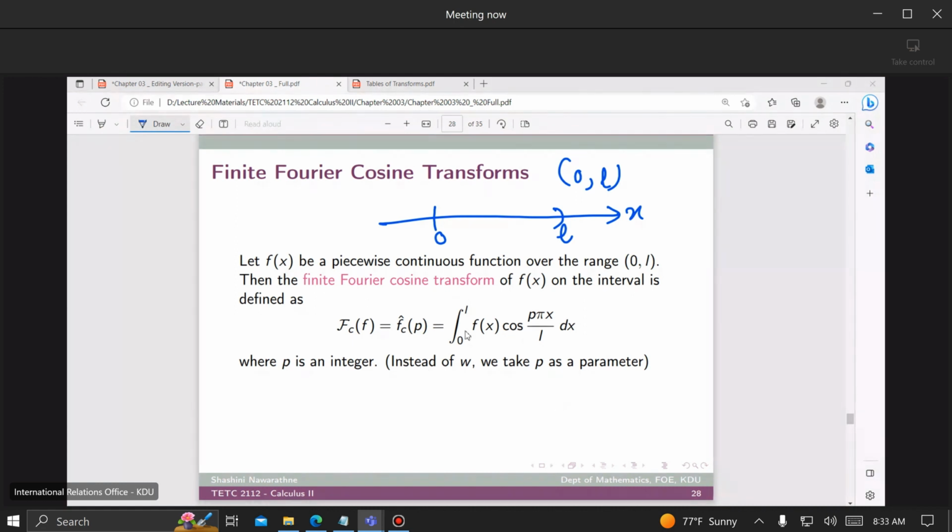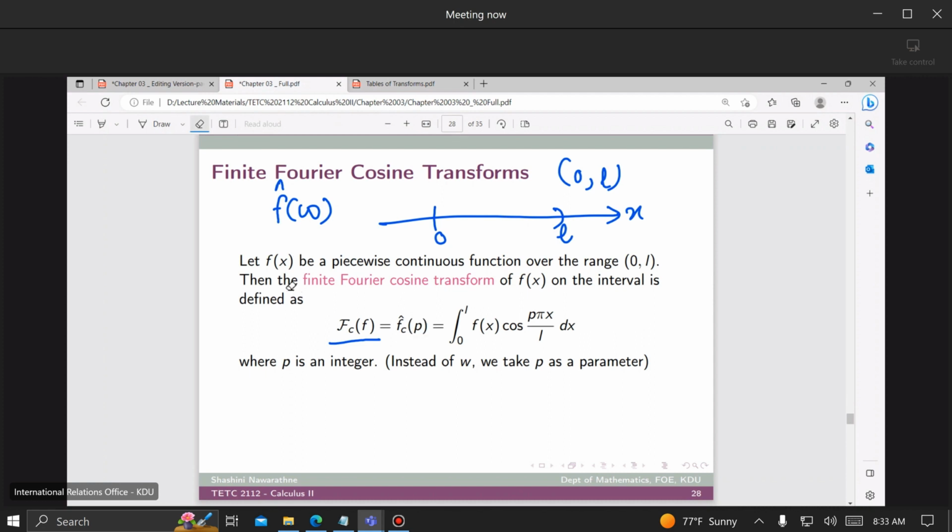So we can use this formula, the Fourier cosine transform of the function f. Since we are considering a finite Fourier cosine transform, whereas earlier for the Fourier transform we used the variable w, f hat of w, here we use the variable p instead of w. So we can write the definition.